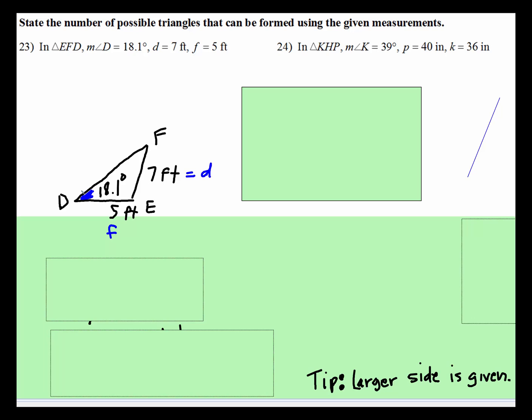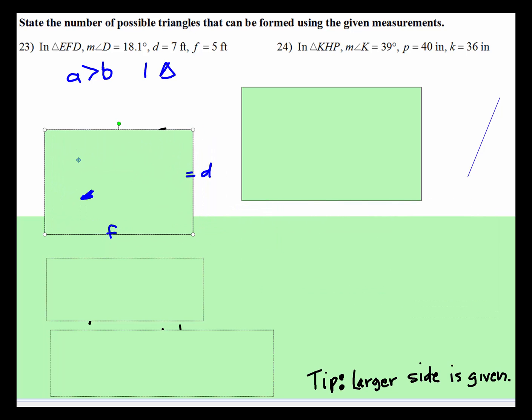And remember, this is the rule. If the opposite side, in this case it's side D, but we said if A is bigger than B, then you do have one triangle. So this one, we're good to go. We're good to solve.